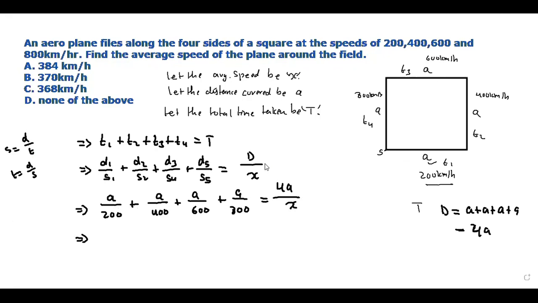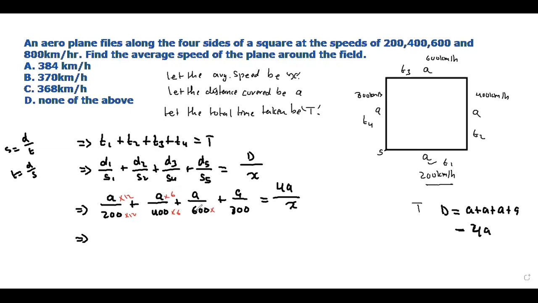So 2400 divided by 200, you have to multiply by 12. 2400 divided by 400, you have to multiply by 6.